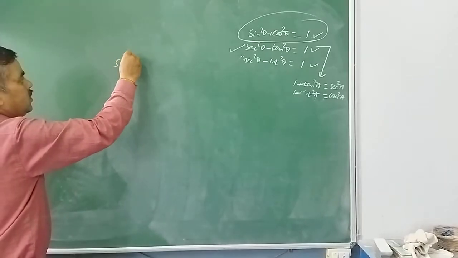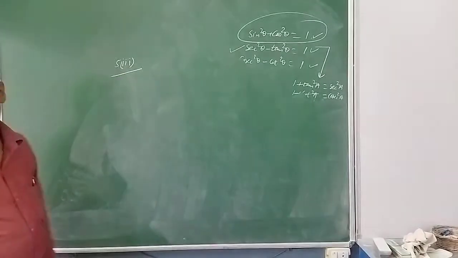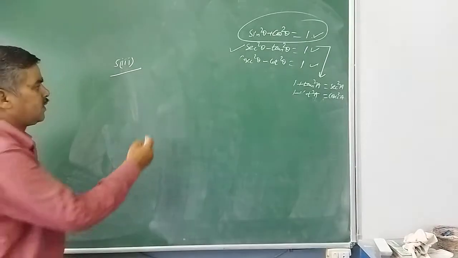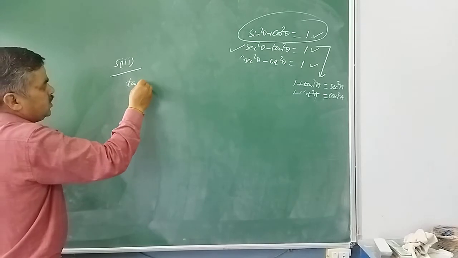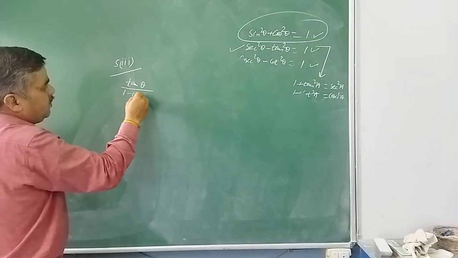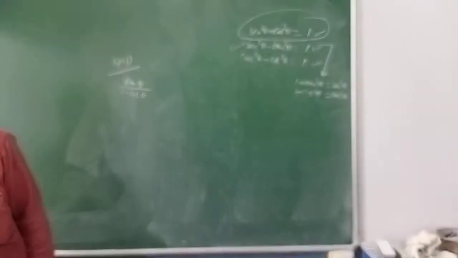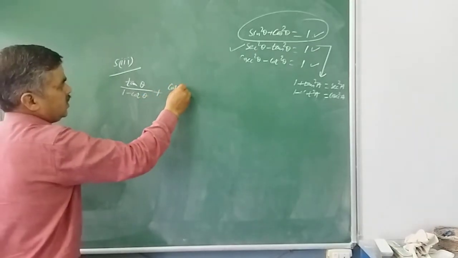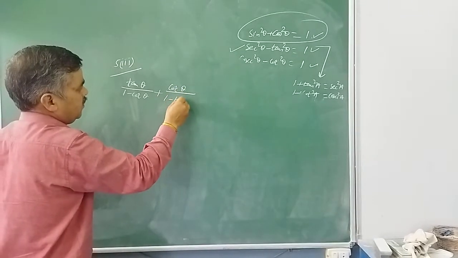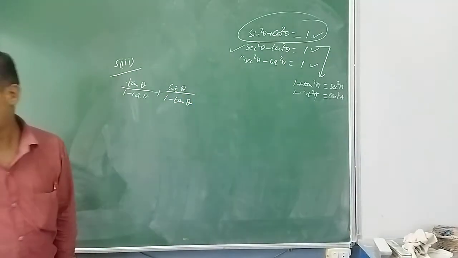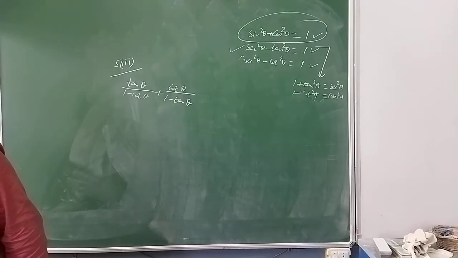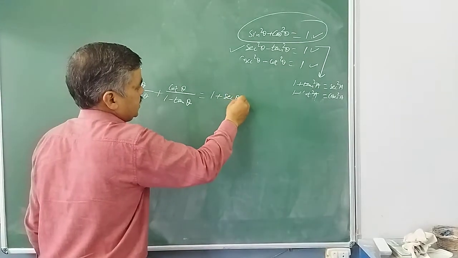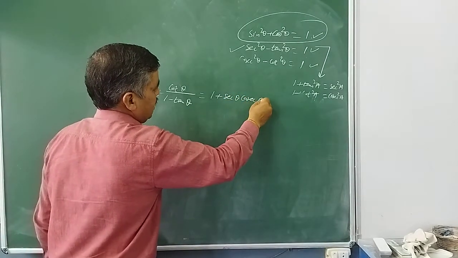So the third part is tangent theta upon 1 minus cot theta, then it is plus cot theta upon 1 minus tangent theta, is equal to 1 plus sec theta cosec theta.